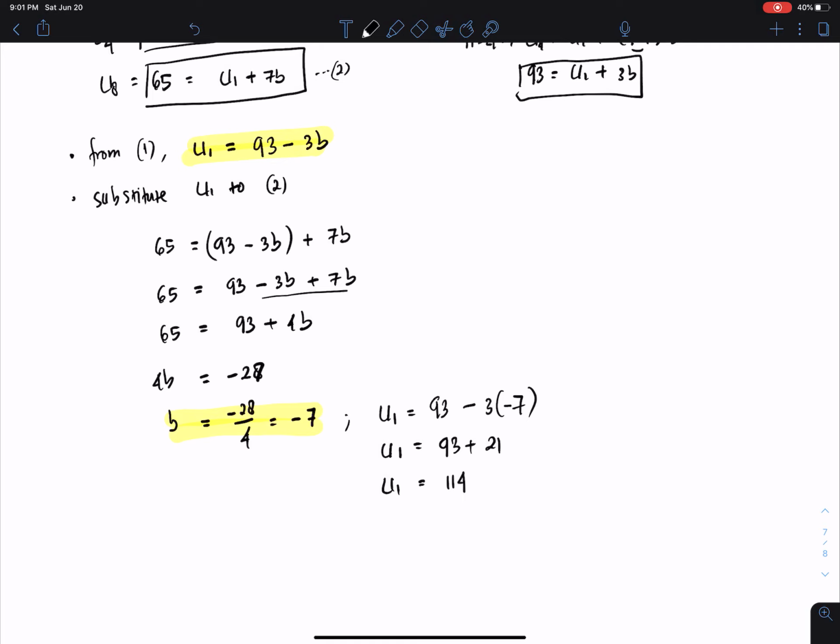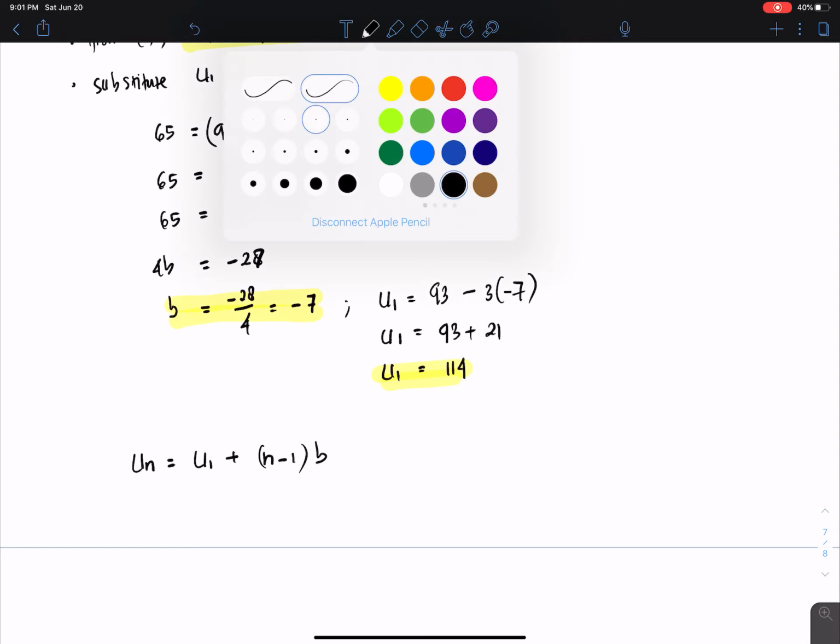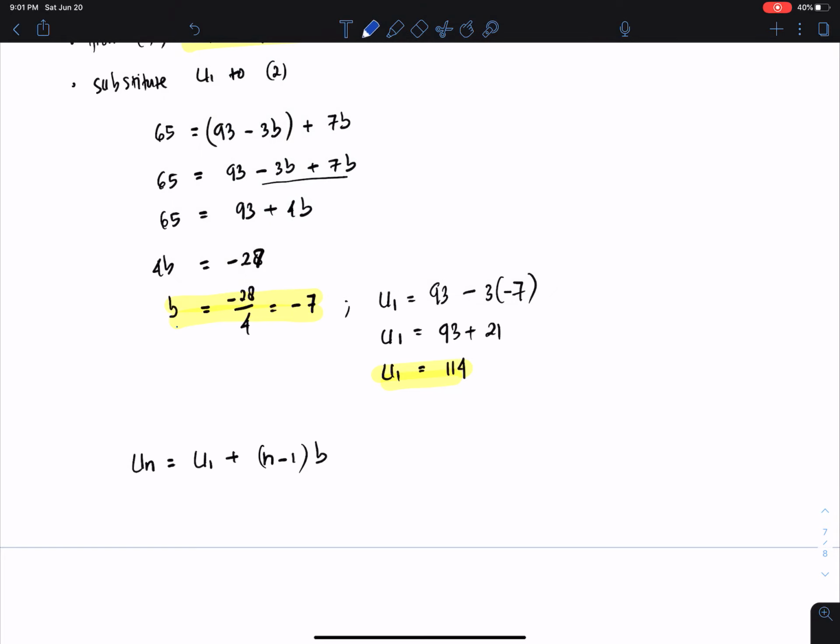Since we already have U1 and b, we can now arrange our Un, or the nth term, which equals U1 plus (n minus 1) times b. So we substitute the value of b here, and U1 here.